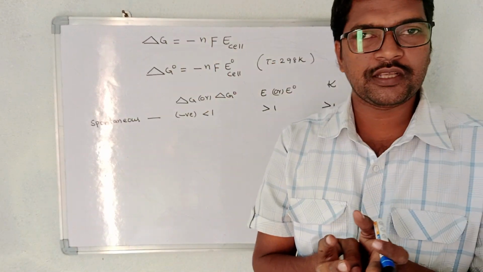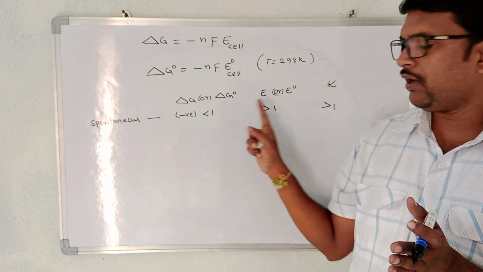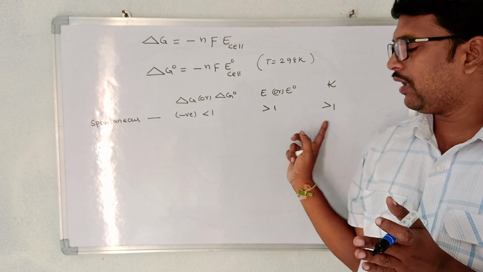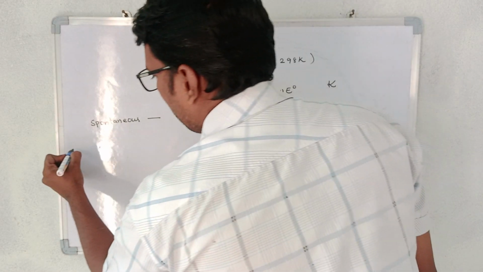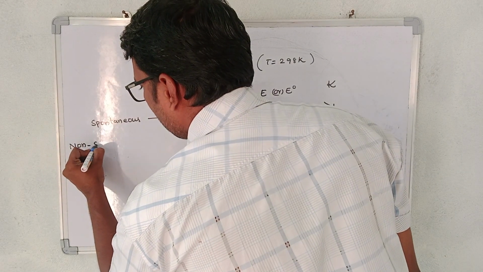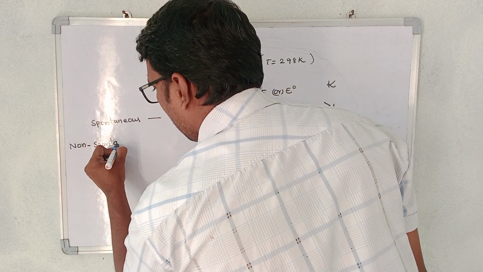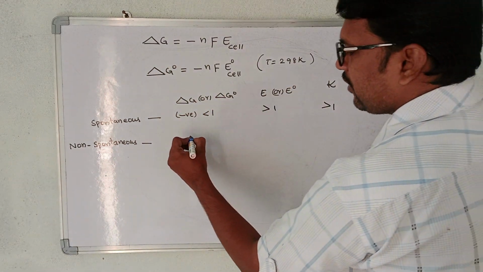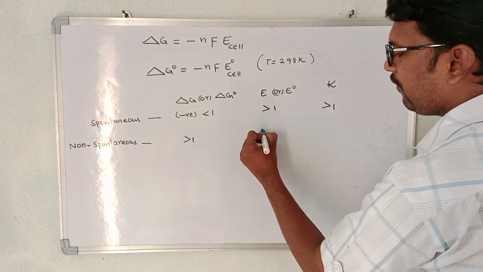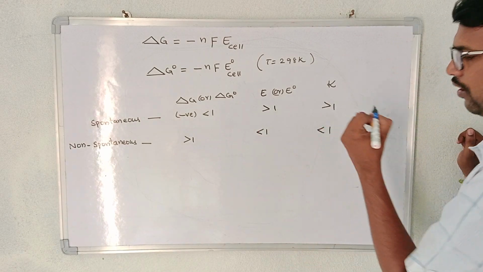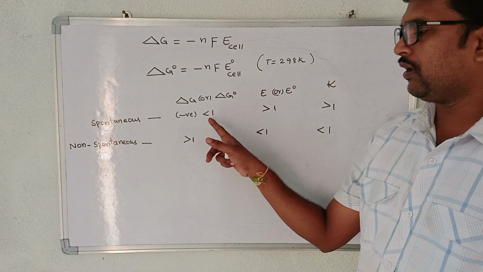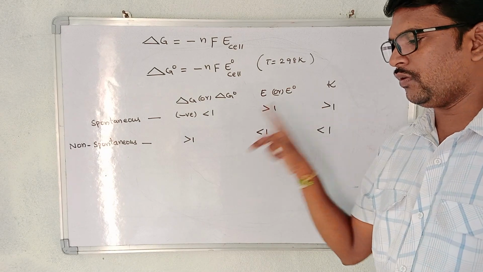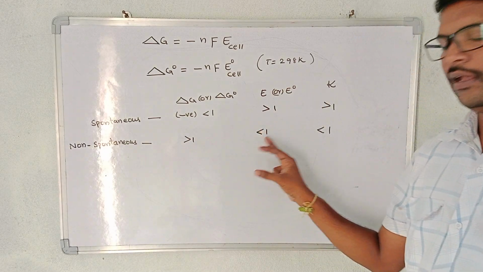For a spontaneous process, delta G is negative, E value is positive, K value is greater than 1. Similarly for a non-spontaneous process, it is reversed. That means delta G value is positive, E value is negative, K value is less than 1.